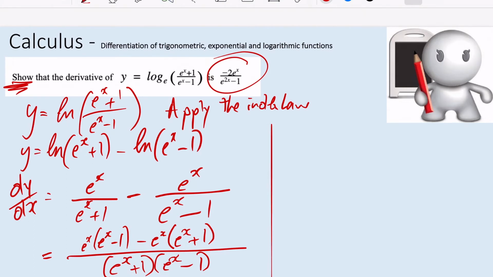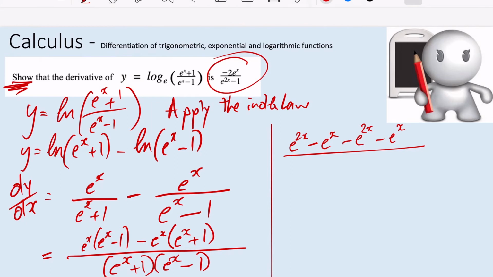Right, so let's expand the numerator. So e to the x multiplied by e to the x is e to the 2x. e to the x multiplied by negative 1 is negative e to the x. Negative e to the x multiplied by e to the x is negative e to the 2x. And negative e to the x multiplied by 1 is negative e to the x.